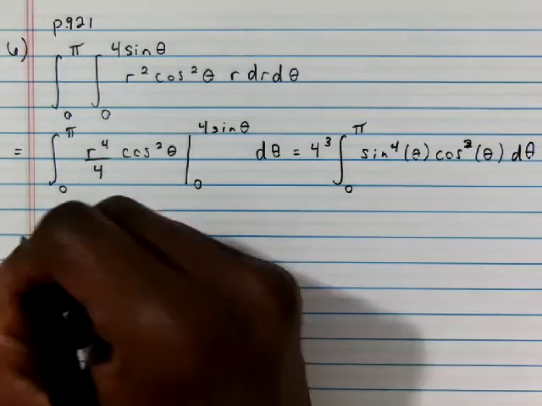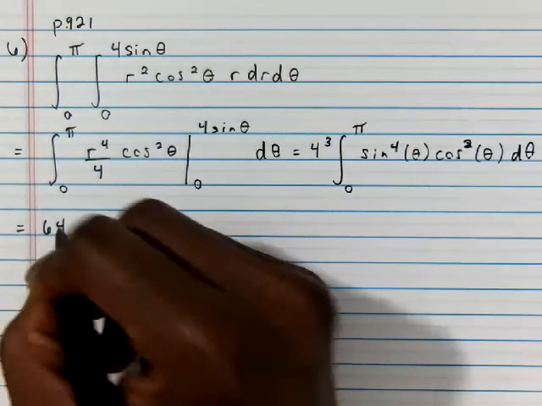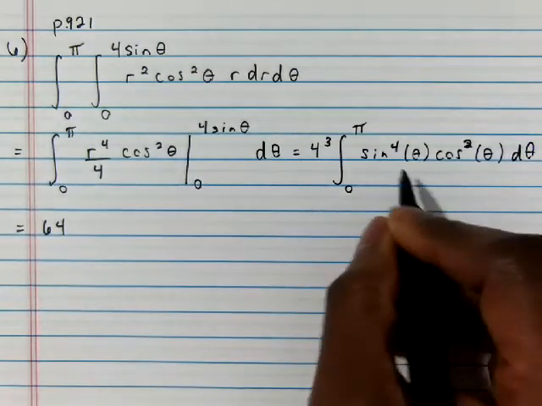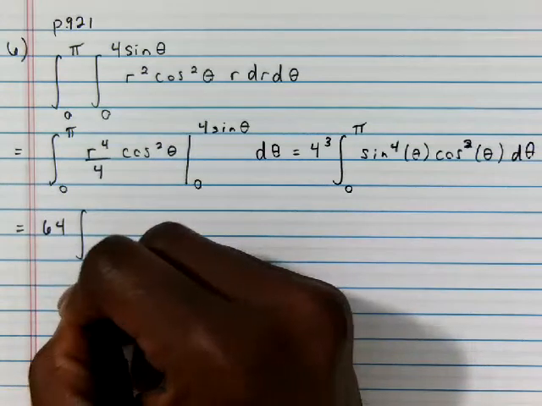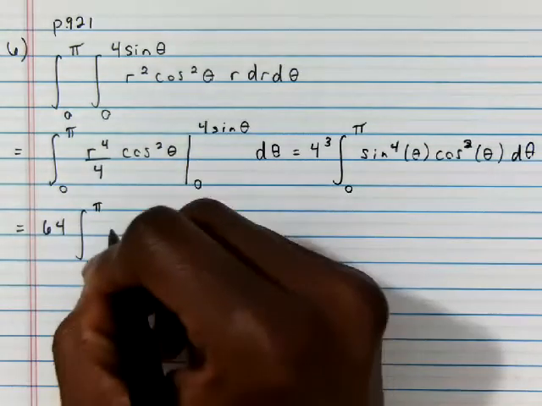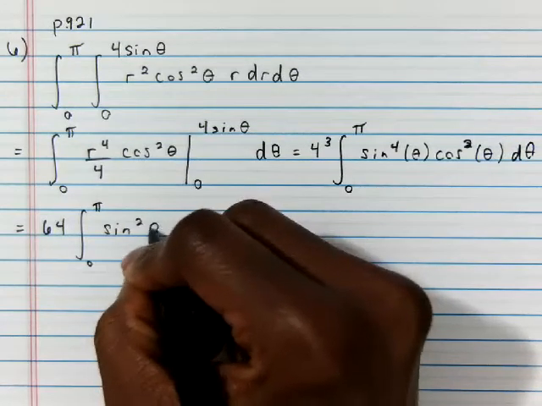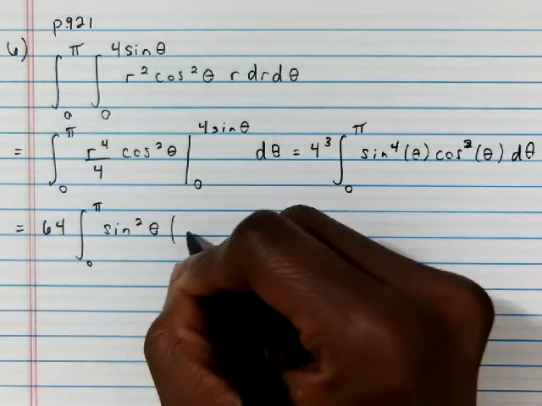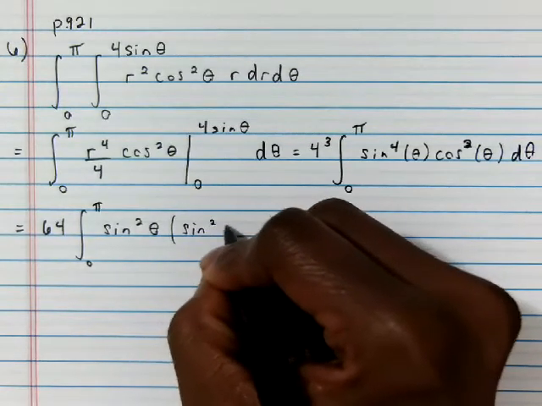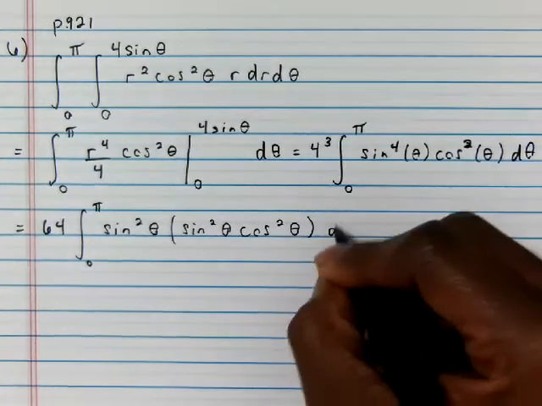So this equals 64 times the integral from 0 to pi of sine squared theta. And I'm going to take the other sine squared and put it with the cosine squared, so sine squared theta cosine squared theta d theta.